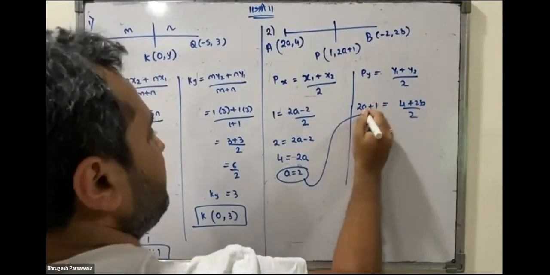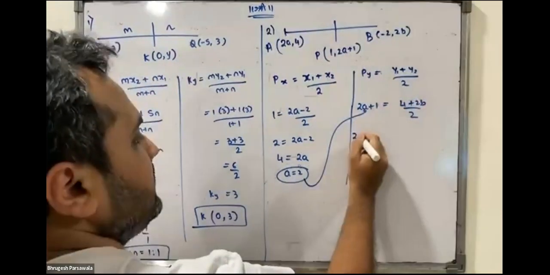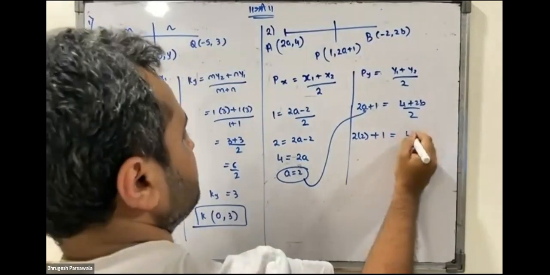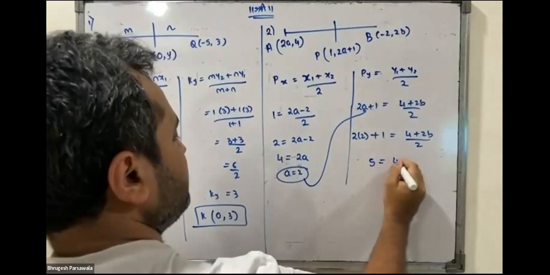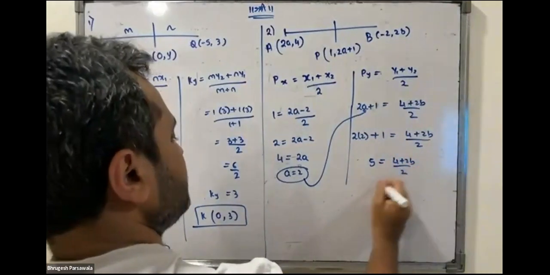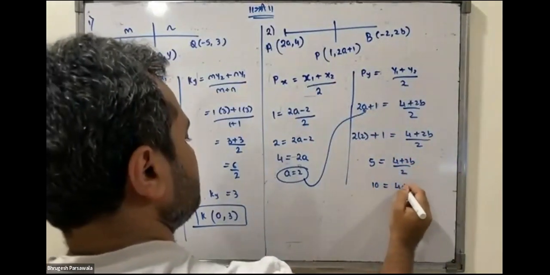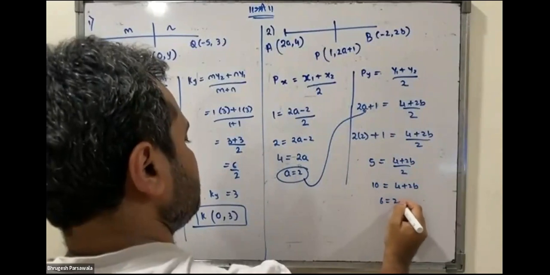Let us substitute the value of a equals 2 here. So you get 2 into 2 plus 1 is equal to 4 plus 2b upon 2. 5 is equal to 4 plus 2b upon 2, so 10 is equal to 4 plus 2b. 6 is equal to 2b.